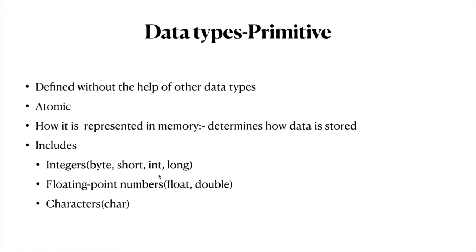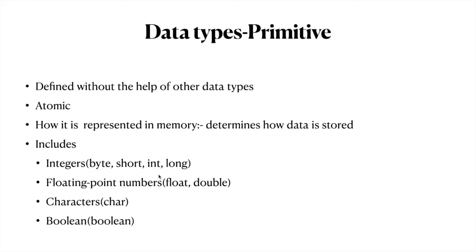And we have got characters. Sometimes they are considered as integers too, as characters are represented in numbers. And the last one is Boolean data type. This is a data type with 2 values, either true or false.